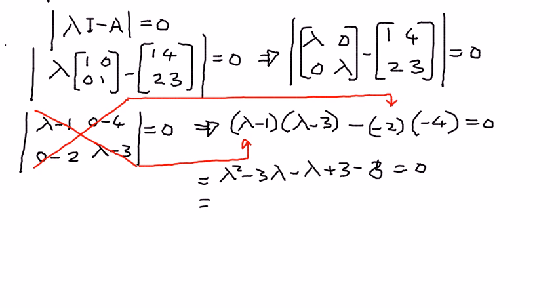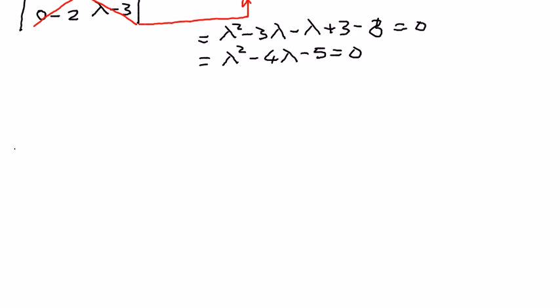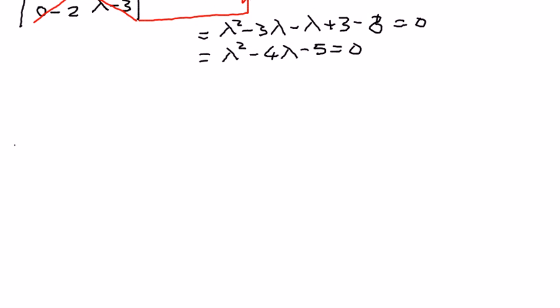Therefore this simplifies to lambda squared, negative 3 lambda minus lambda is negative 4 lambda, and then 3 minus 8 is negative 5, equal to 0. So when we let the determinant go to 0, we got a polynomial in lambda. We want to solve for lambda, and when we solve for lambda we're going to arrive at the eigenvalues.